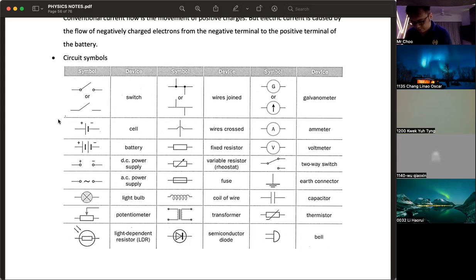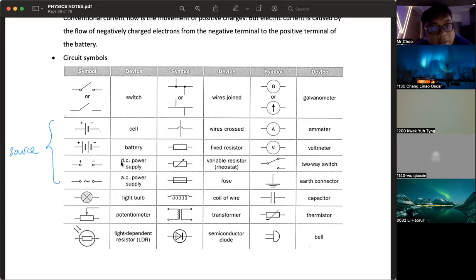Hold on for a while. So these four are electric sources. Remember I told you about source and load. For the source, the voltage you measure is called the EMF. For the rest of the components, they are the load, they take up energy, so they are the PD.